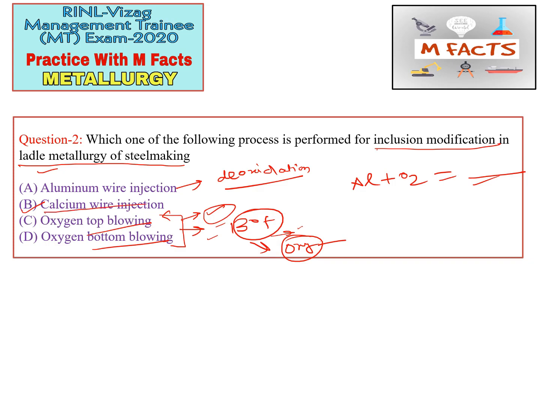It modifies the inclusions, and this is also done for deoxidation purpose, but the main purpose of adding calcium wire injection is inclusion modification in ladle metallurgy of steel making. So the correct option for this question is B, that is calcium wire injection.